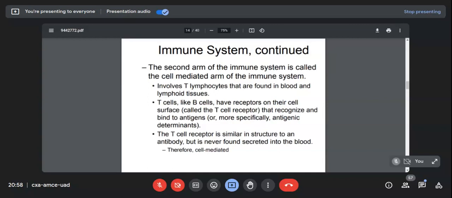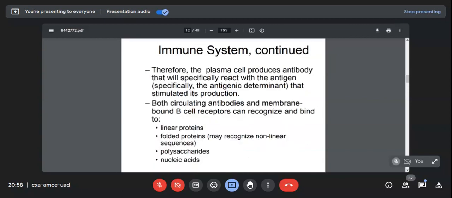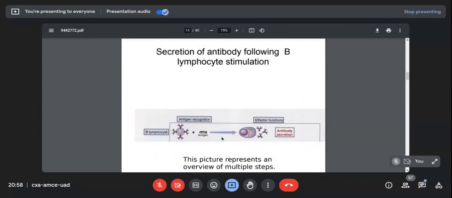Just like B cells have antibodies, even T cells have their own receptors, which we are calling T cell receptors. You discover that the T cell receptor is a little bit similar to the structure of an antibody, but you never find it being secreted in the blood. You remember when you activate a B cell, I had given you a picture here.